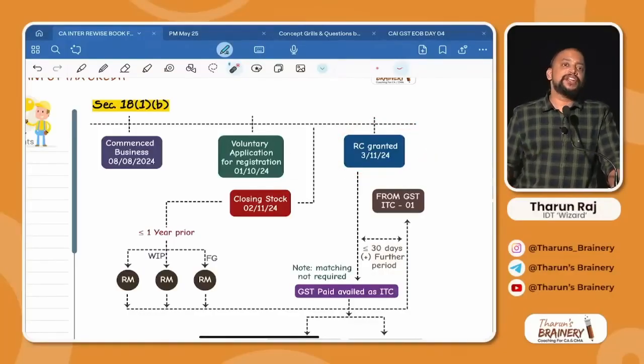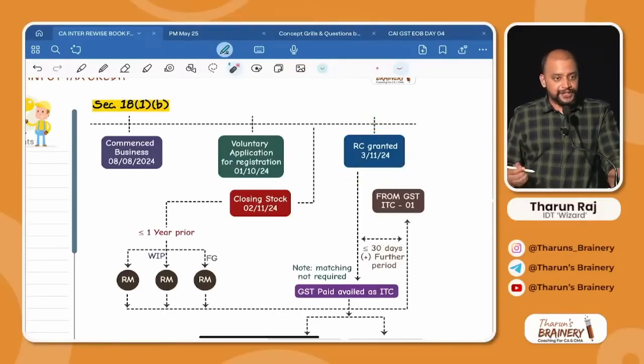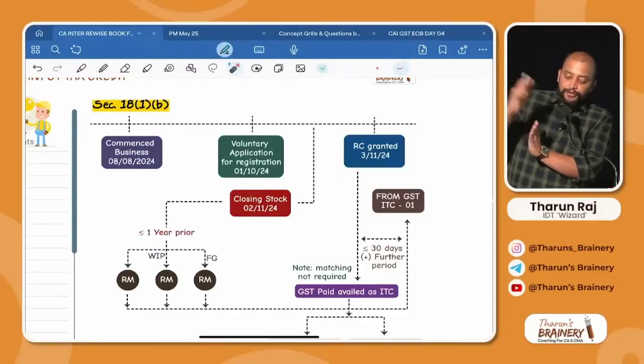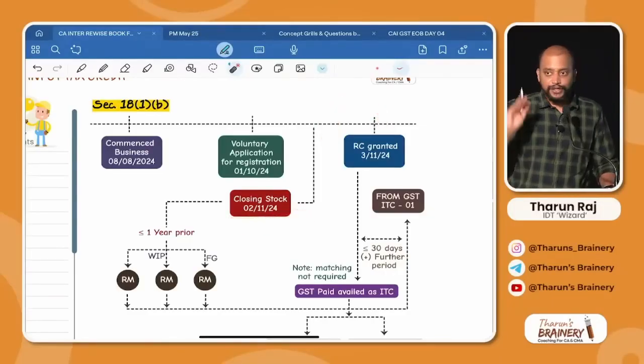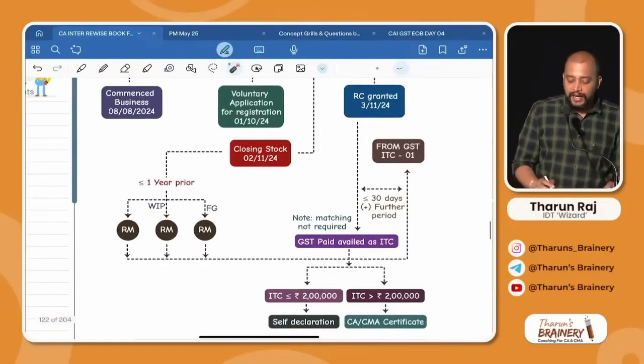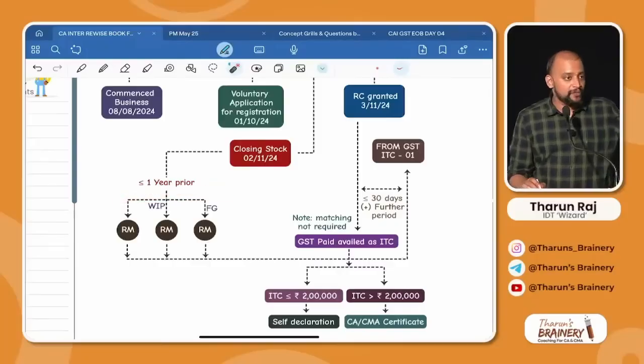Now, from when does he need to pay GST? From 3/11/2024 he needs to pay GST, because he voluntarily got registered, so whenever he gets the registration certificate, he needs to pay. Now see the closing stock before that date. What is before that date? 2/11/2024, see the closing stock. As on 2/11/2024, the same RM as such, raw material in WIP, raw material in FG, should have been purchased within 1 year prior.